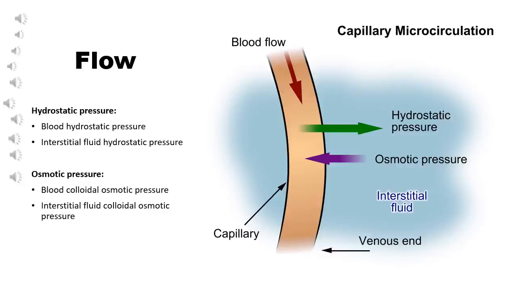Oncotic pressure is driven by protein concentration. Remember that. A region higher in solute concentration and lower in water concentration is going to draw water across the membrane from a region of higher water concentration and lower solute concentration.